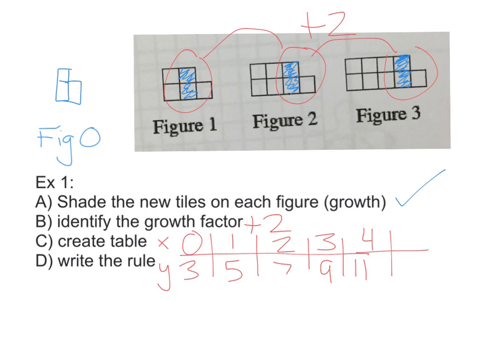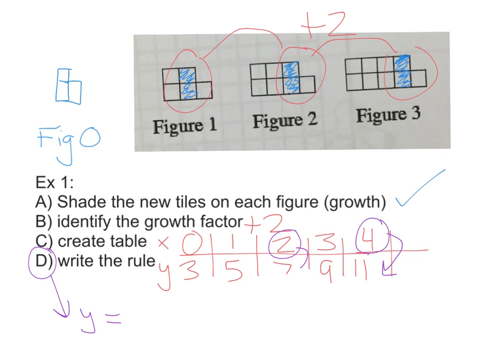And then our final step asks us to write the rule. So that's going to be a y equals. And these are linear rules, so these are so much easier than yesterday. We don't have to shade the whole figure and write the different pieces of the puzzle. Today we're simply asking ourselves, how do you go from x and get the y?